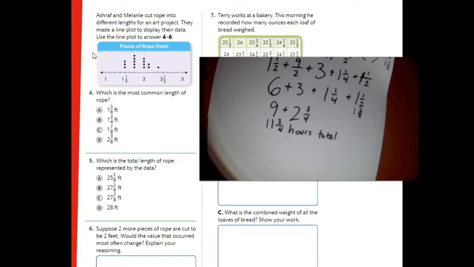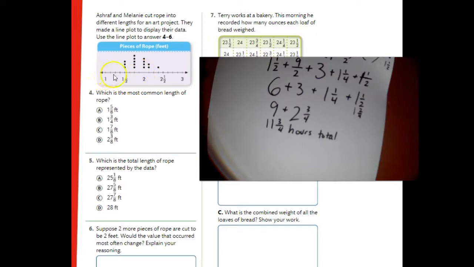Number 4 says, which is the most common length of rope? Well, again, we're looking for the tallest tower, and that would be this one. So now we need to think, okay, what is that number, right? Well, here's 1, and here's 2. Count the number of spaces in between 1 and 2.